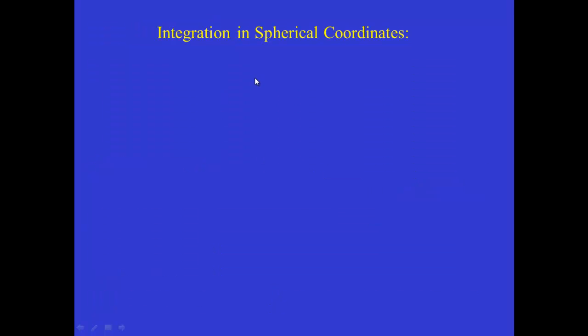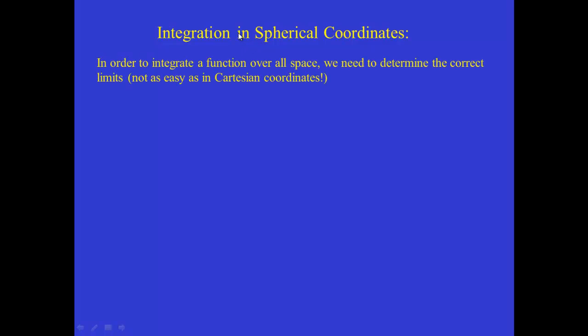So now let's look at putting this information to use in doing an integration of a function in spherical coordinates. Often we want to integrate a function over all space, and so let's show how that's done in spherical coordinates. All we really have to do is remember the volume element d tau and then figure out the correct limits on the variables r, theta, and phi.